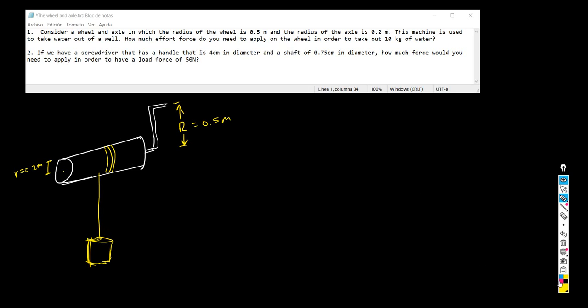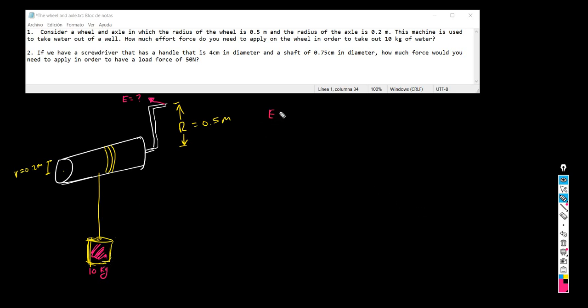How much force do I need to apply on this wheel, guys, in order to take out 10 kilograms of water? If I know that there are 10 kilograms of water, then how much effort do I need to apply to lift this much water? Okay, let's see.